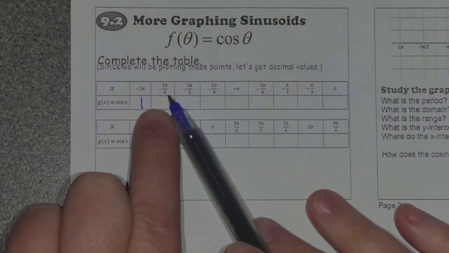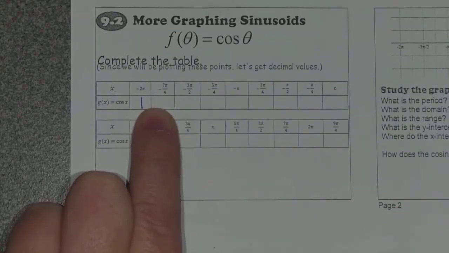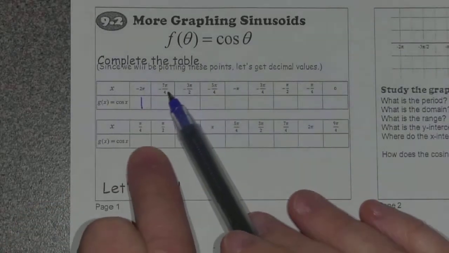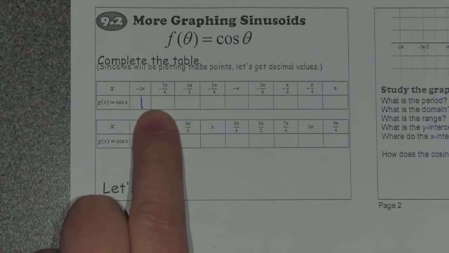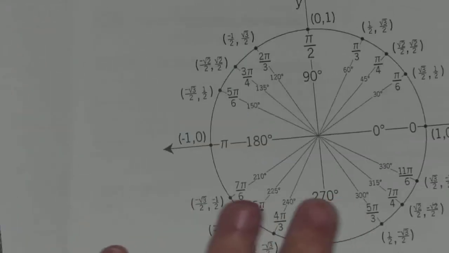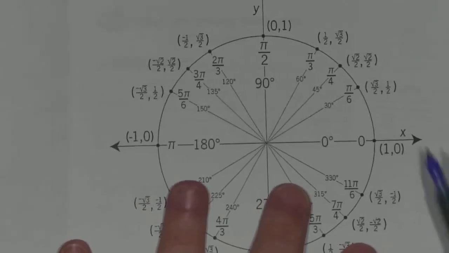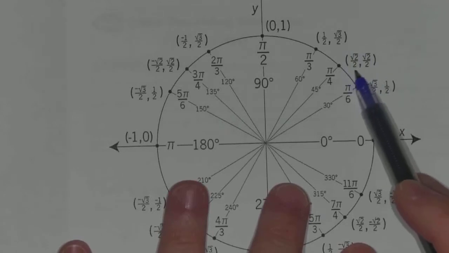So when you add 2 pi to negative 7 pi fourths, what do you get? Anybody know? Take negative 7 pi fourths and add a full revolution to it, which would be 2 pi. It is pi over 4. So what value are we going to look at on our unit circle? We're going to look at pi over 4. Do you remember, again, last time we changed these to decimal numbers?